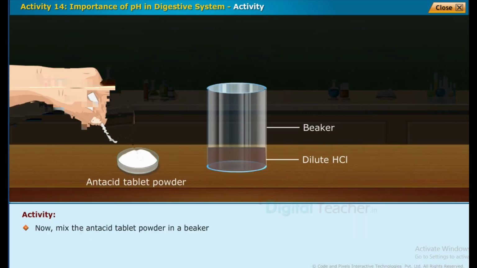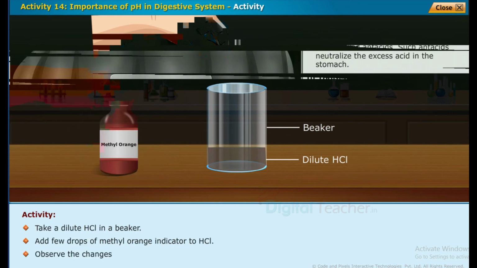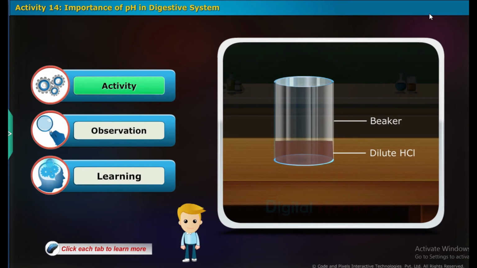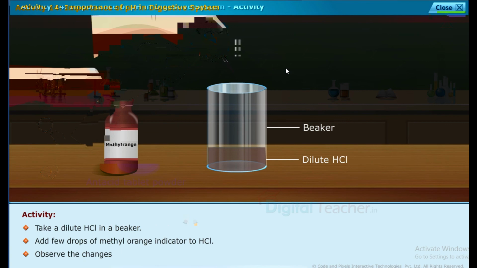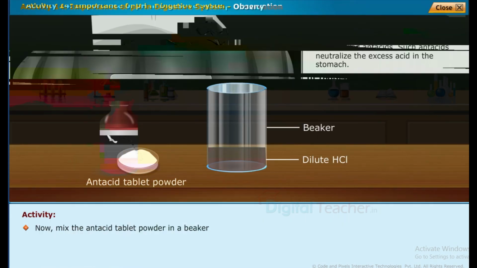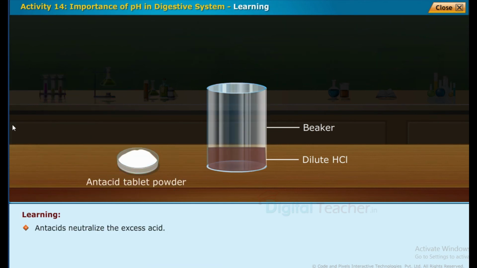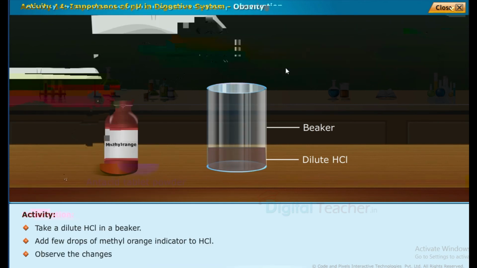Now mix the antacid tablet powder in the beaker. Observe the change in color of the solution. The color of the solution changes in the beaker. Antacids neutralize the excess acid.